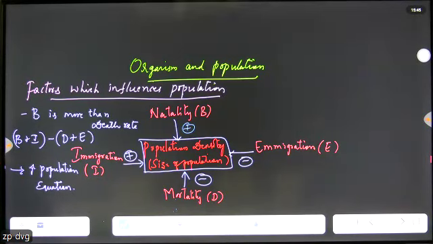The higher number is always subtracted by the lesser number. So here B plus I is the higher number. Therefore, we subtract D plus E from it.